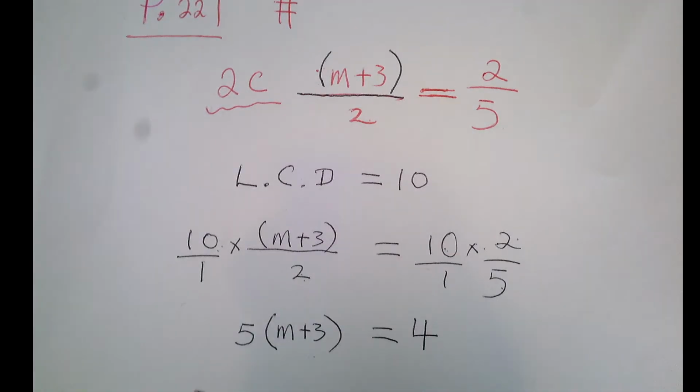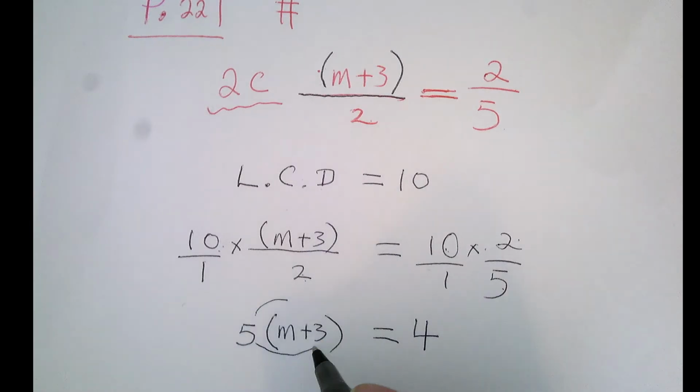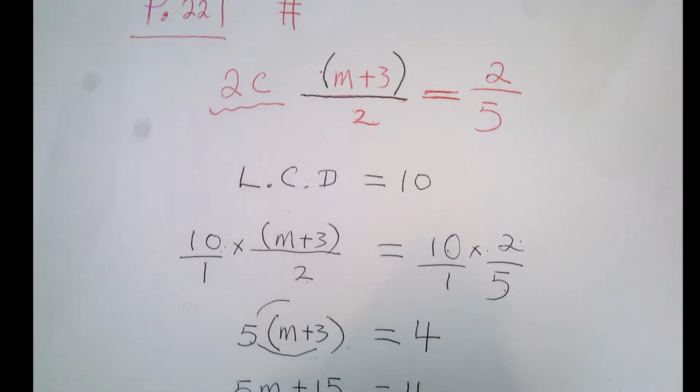And the next step, repeat the last lesson. Open the bracket. 5 times 3 is 15. Next, both sides subtract 15.